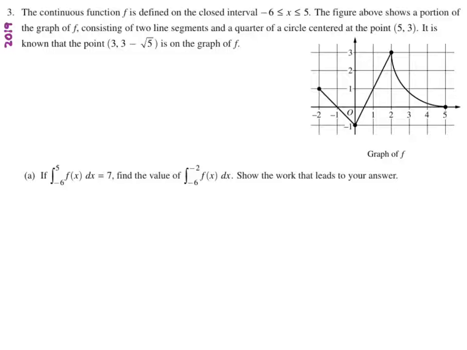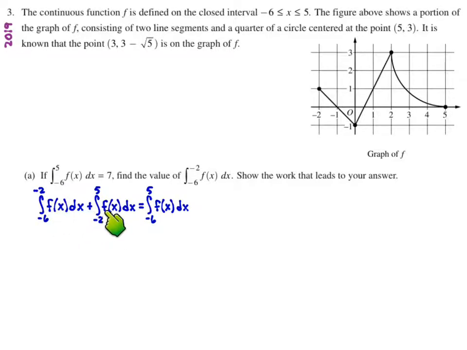So we need to create an equation that relates all this stuff, and that's going to be the sum rule. The integral from -6 to -2 plus the integral from -2 to 5 is going to equal the integral from -6 to 5. We can see that the upper bound of the first integral expression is the same as the lower bound of the second integral expression.